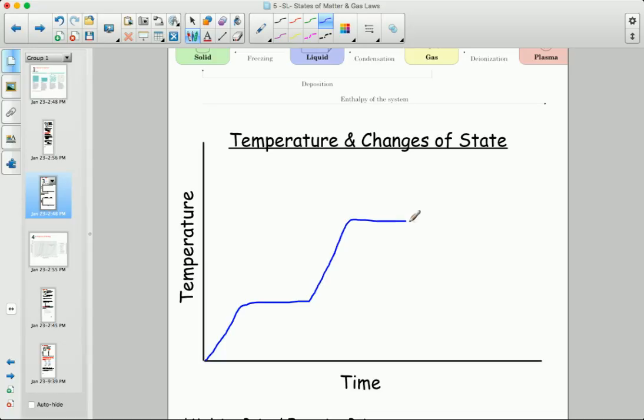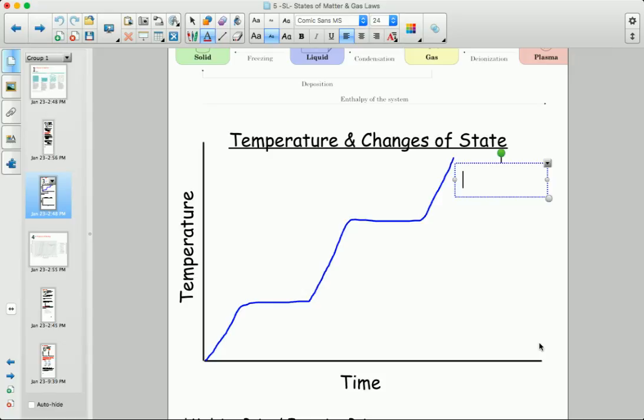And then the temperature will stay constant, and then the temperature will rise. It's pretty neat that they actually will follow the different phase changes. So up here we have gas, up here we have the plateau that is boiling, and the temperature we would call the boiling point.